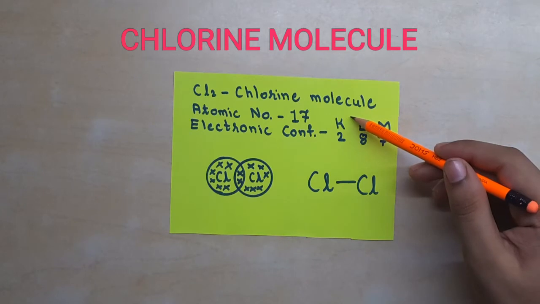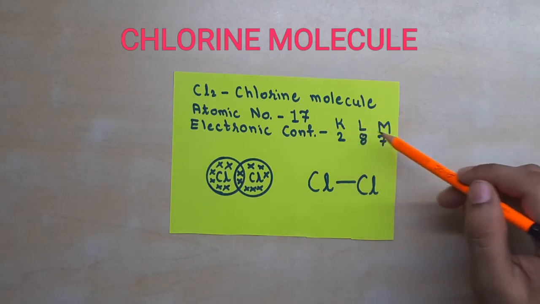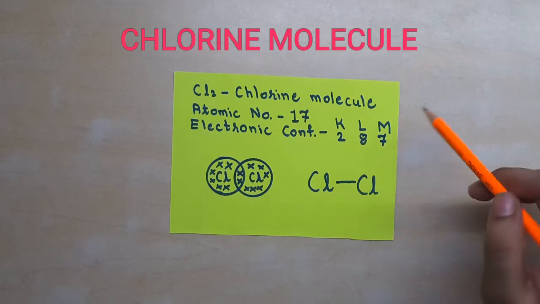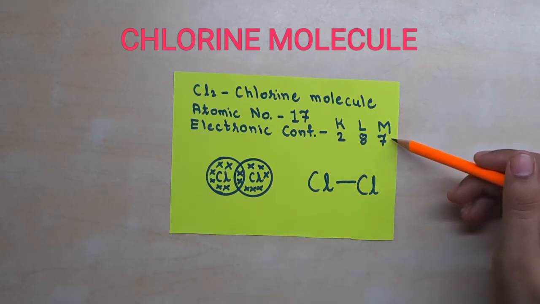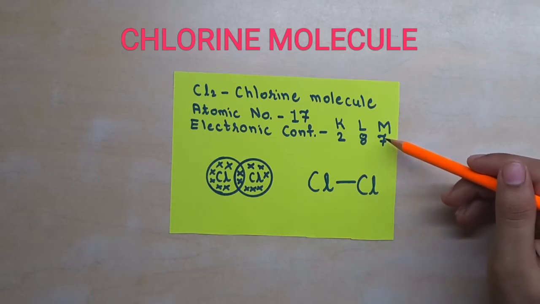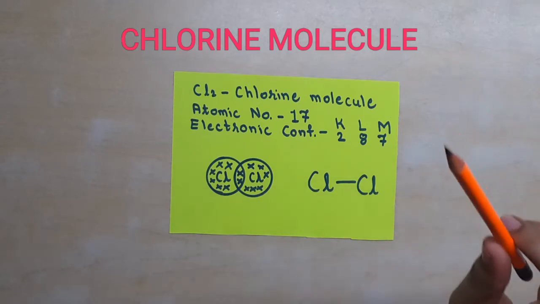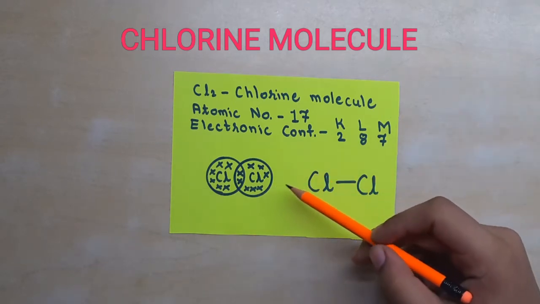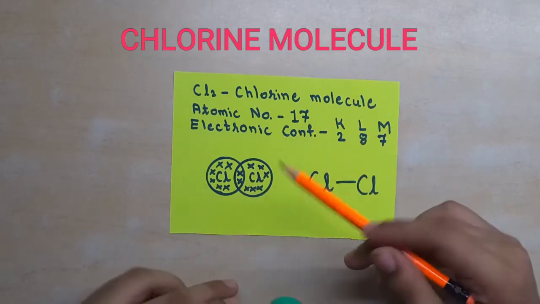Now, K and L shells are fulfilled and M shell requires one more electron to complete its noble gas configuration. This can be achieved by gaining one electron. Thus, two atoms of chlorine form covalent bond and share their electrons.